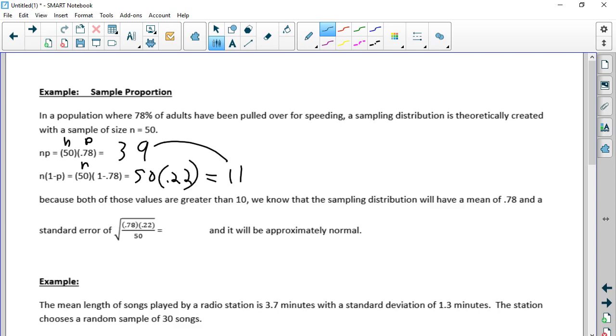Now, we also want to make sure that both these numbers are greater than 10, which they are, so we're good to go. Okay? So, np is greater than 10, and n times 1 minus p is greater than 10.